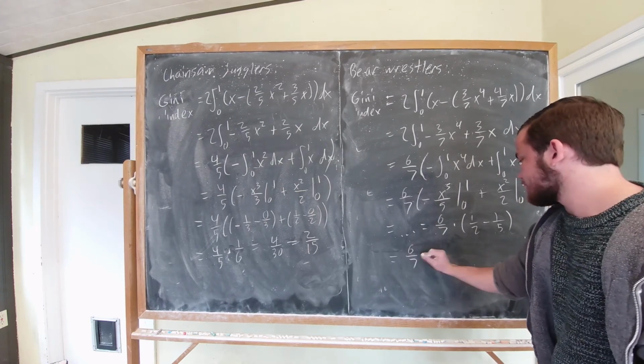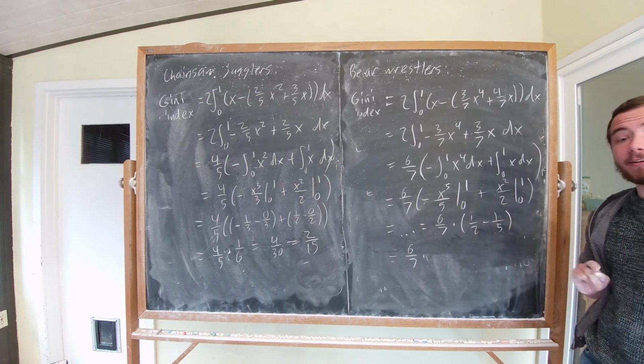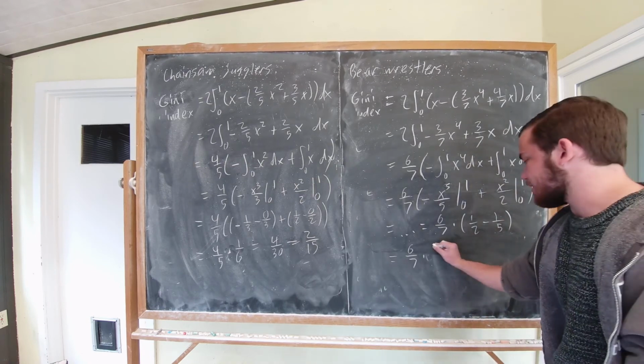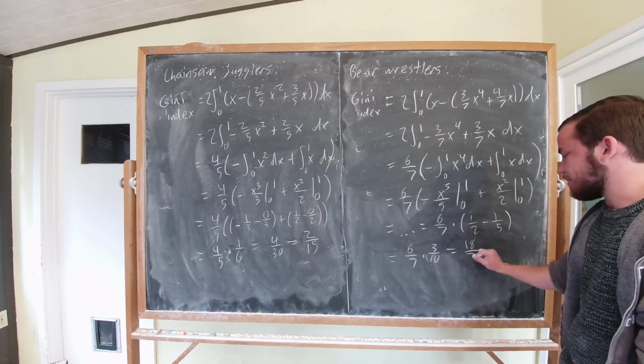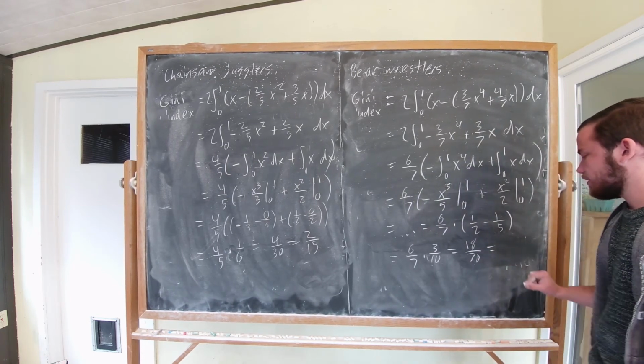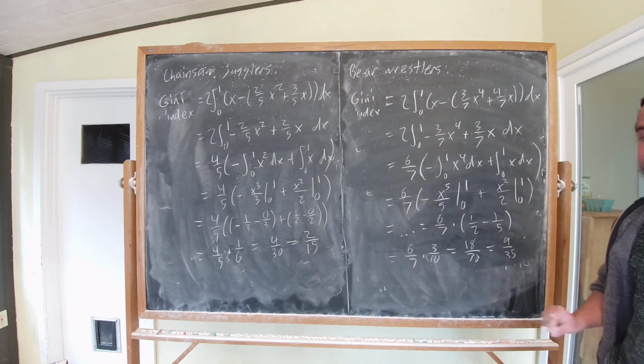And that's 6/7 times 1/2 minus 1/5 is, let's see here, 5/10 minus 2/10 is 3/10, which is 18 divided by 70, aka 9 divided by 35.